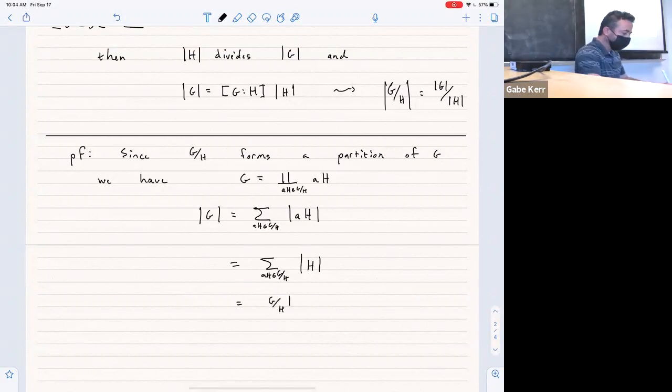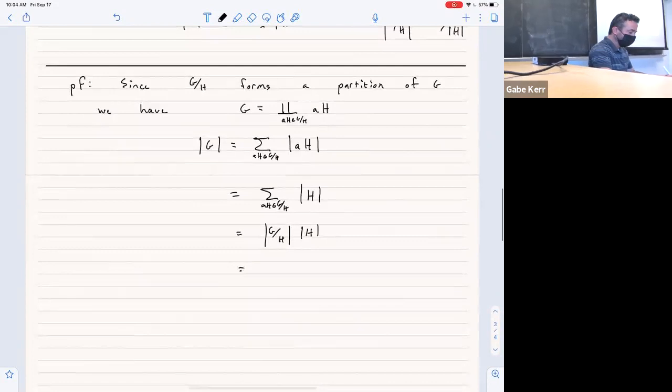Well, there are this many left cosets, and that's equal by definition to the index of H in G, times the order of H. And that establishes Lagrange's theorem. So Lagrange's theorem, as innocuous as it looks, is really powerful. It gives us a lot of information.